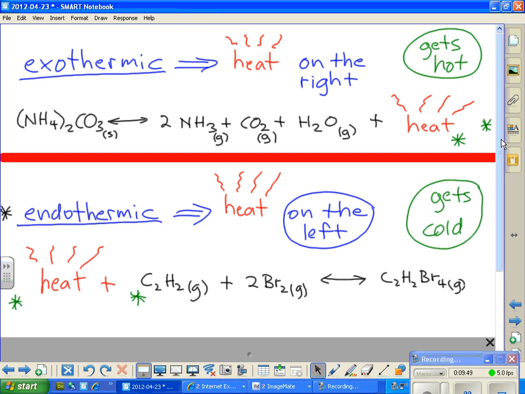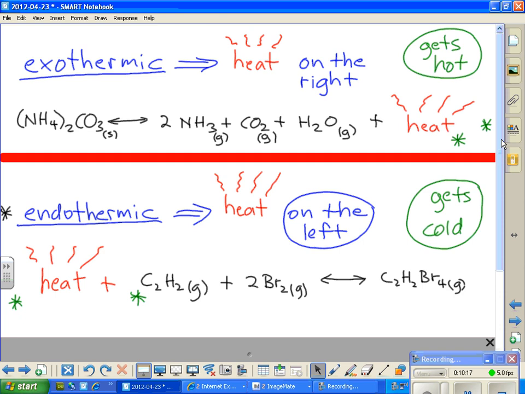All right, since heat is on the right-hand side, when we say Le Chatelier wants to go to the opposite to get it down, what is the opposite of the right side? Because heat's on the right, opposite is left. So you see in these two reactions, opposite is opposite. It's an opposite shift.